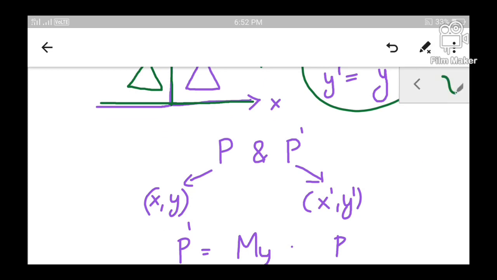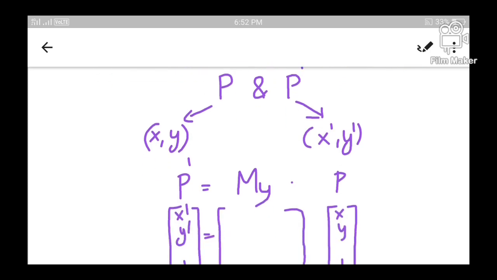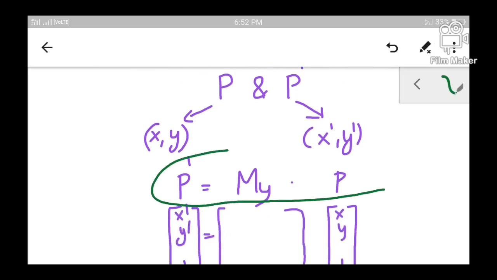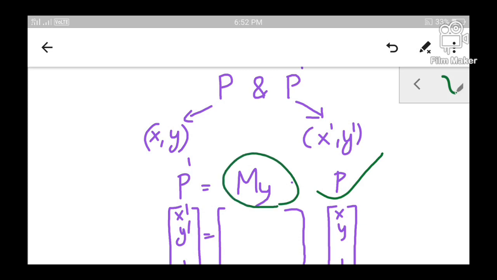Now the general equation can be written as P dash equal to My into P, which means the initial point P when reflected about y-axis gives you P dash. Now reflection about y-axis is written as My.